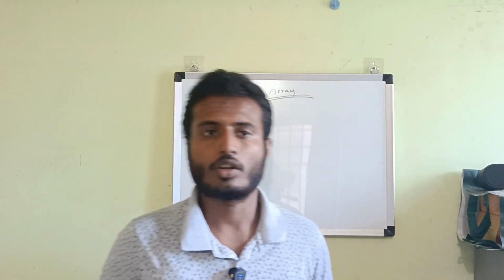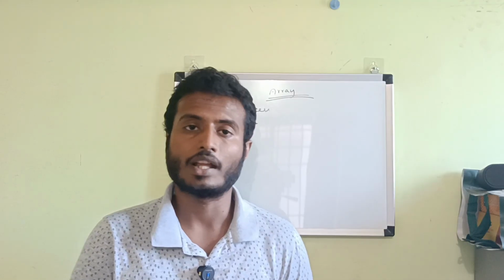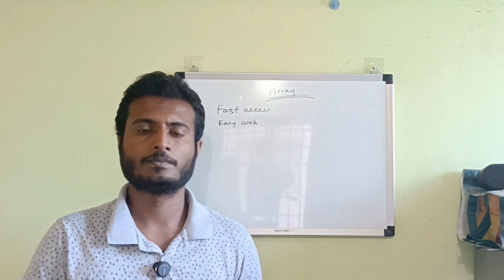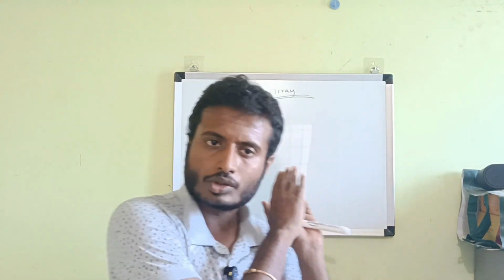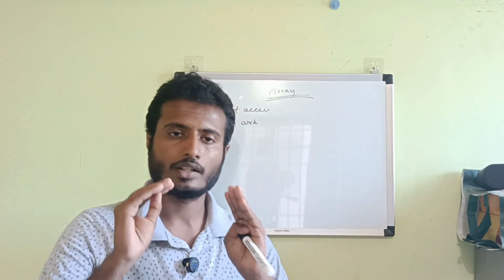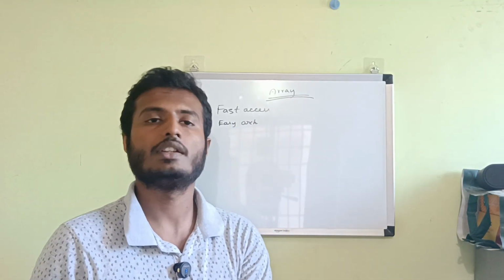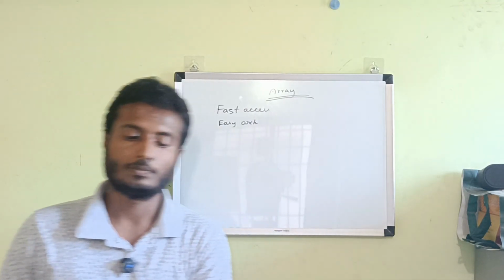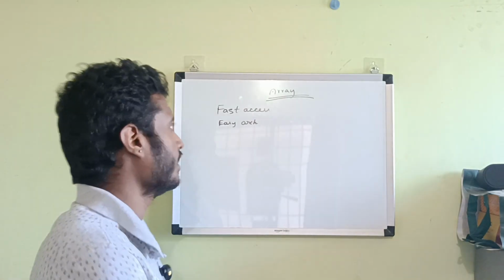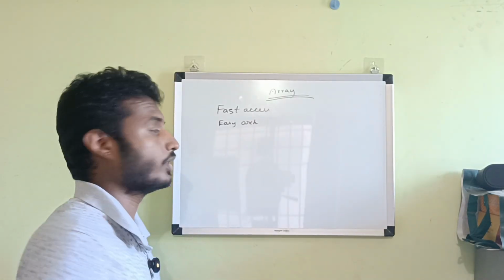It is very easy. These are the only two things that our engineers thought of when they came up with an array. So first, how does this array look like?